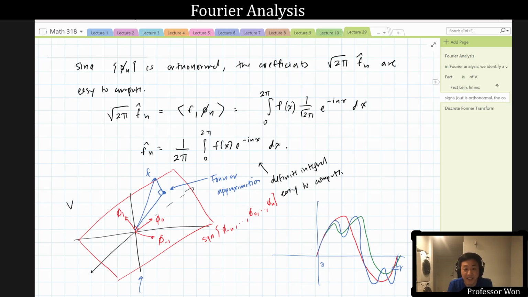When you collect data, you don't collect an algebraic expression for the function. You collect a bunch of data points along the function at discrete time steps. So what the discrete Fourier transform does is it allows you to do this Fourier business without knowing the function, and instead just sampling points evenly along the function.